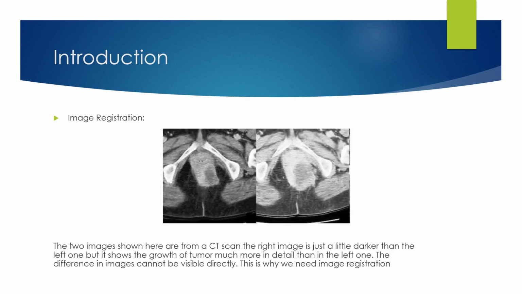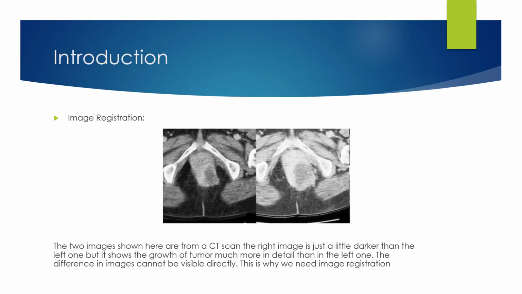But this shouldn't be the case, especially as you can see, this is a CT scan which shows the growth of the tumor, and the right one has more details than the left one, which implicitly means that in the right image the tumor is a little larger than in the left image, but it cannot be said by our naked eye.